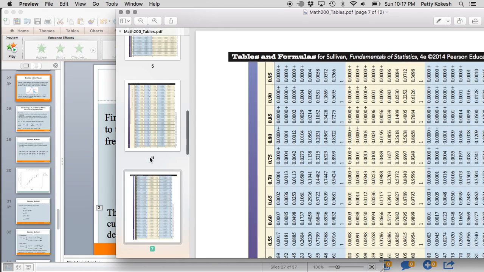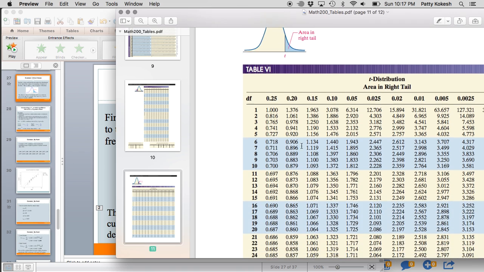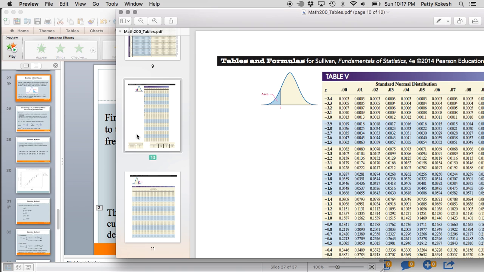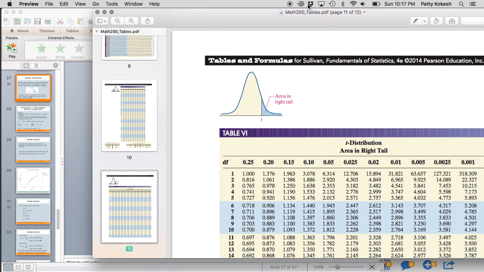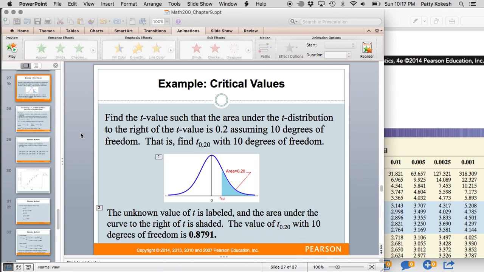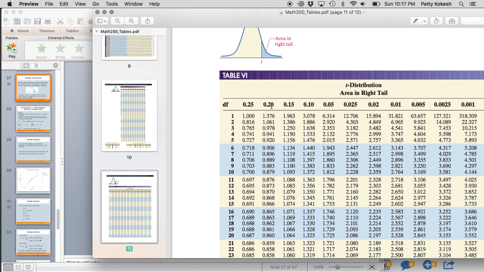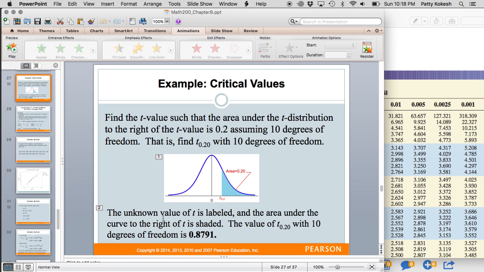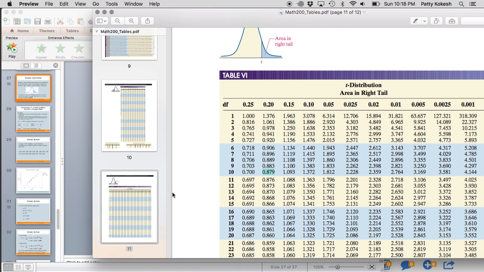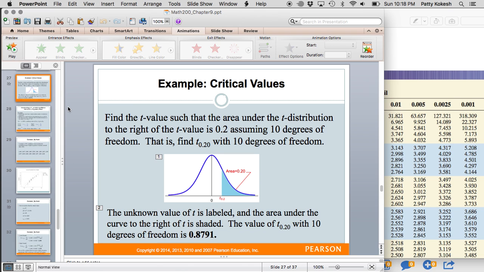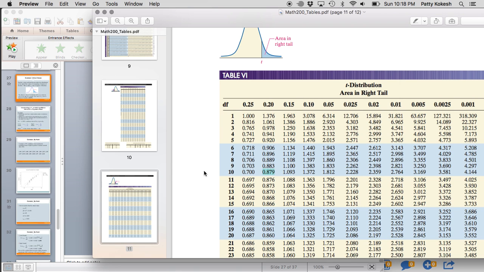I would like the t-distribution, which is right after the normal distribution. It's table 6. I'm going to find 10 degrees of freedom, which are on the left, and 0.2. It's right here, so I get 0.879 as my critical value. They have 0.8791, so this is slightly more exact, but this would be how you would look it up on the actual table.